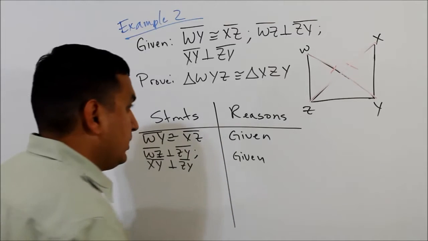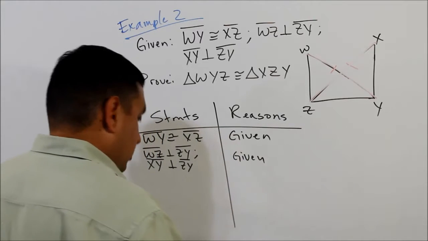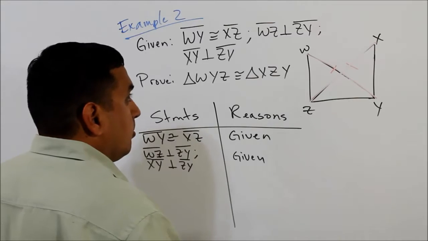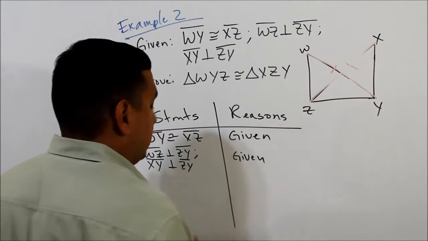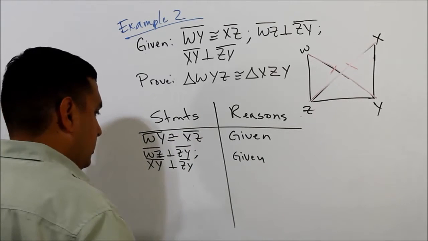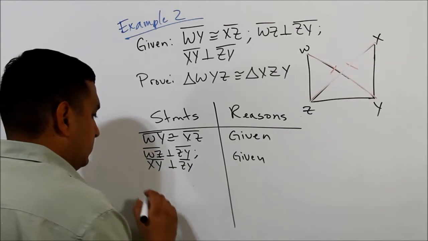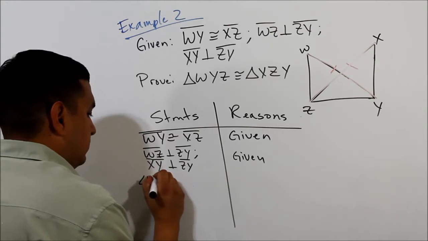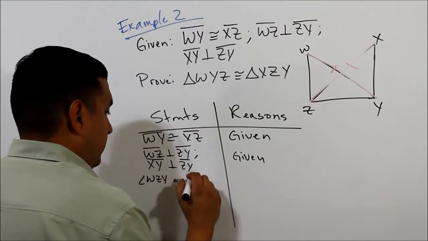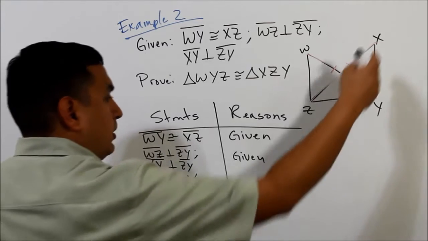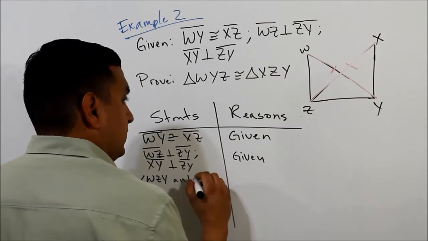So that's what we have to say: that this angle WZY is 90 degrees. And then going the other way, that's going to be XYZ.